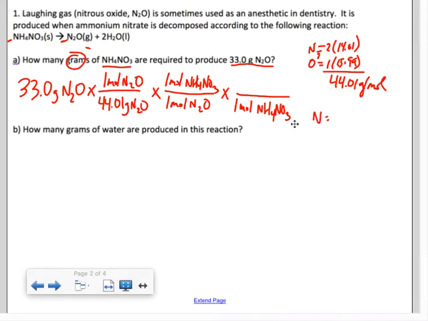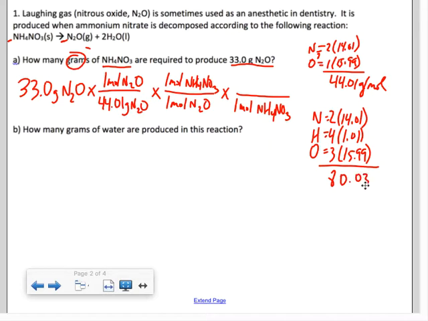Nitrogen, I have 2, each at 14.01. Hydrogen, I have 4, each at 1.01. Oxygen, I have 3, each at 15.99. I add them all up together to get somewhere around 80.03 grams per mole. So that goes on top.